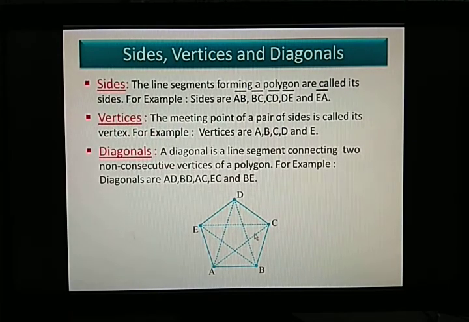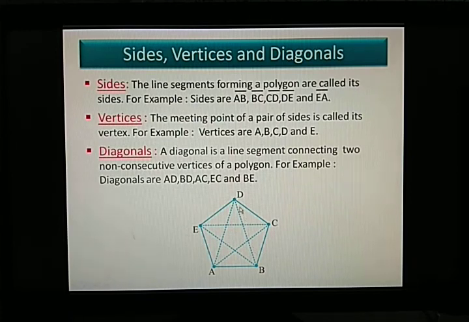Next, what are diagonals? A diagonal is a line segment connecting two non-consecutive vertices of a polygon. The neighboring vertices are called consecutive vertices, one after the other. But if they are non-consecutive, say D and B, they are not nearby, they are not neighbors, so they are called non-consecutive.